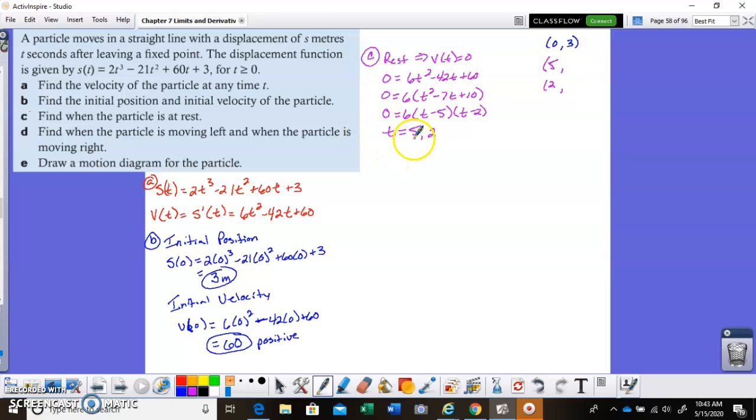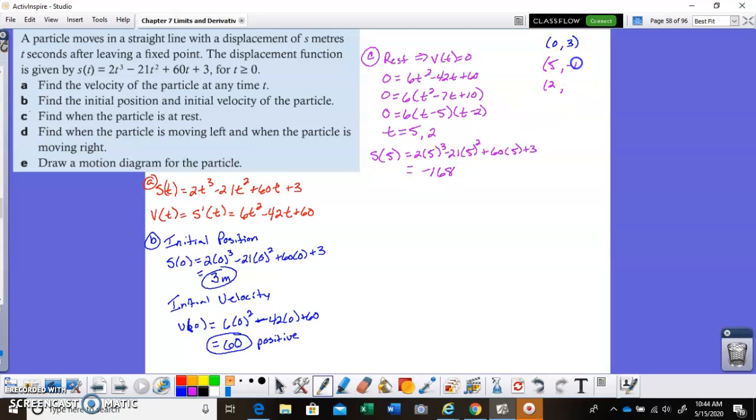Okay, but I want to find out where that happens. I want to find that displacement. So I'm going to find the displacement at 5. I substitute 5 into that equation. So I'm looking at 2 times 5 cubed minus 21 times 5 squared plus 60 times 5 plus 3. I type that all into my calculator, excuse me, and I'm getting a position of negative 168.